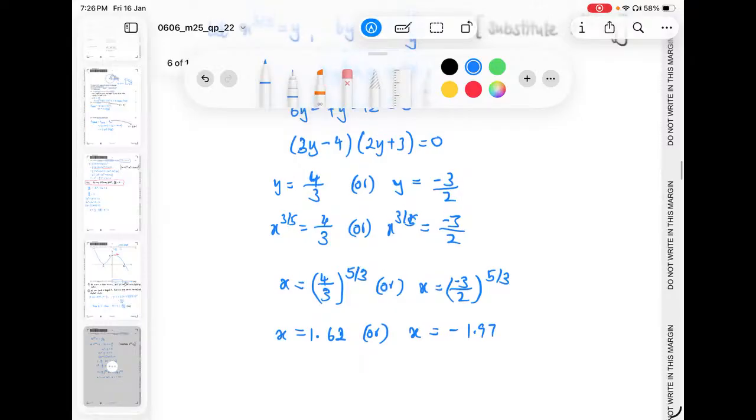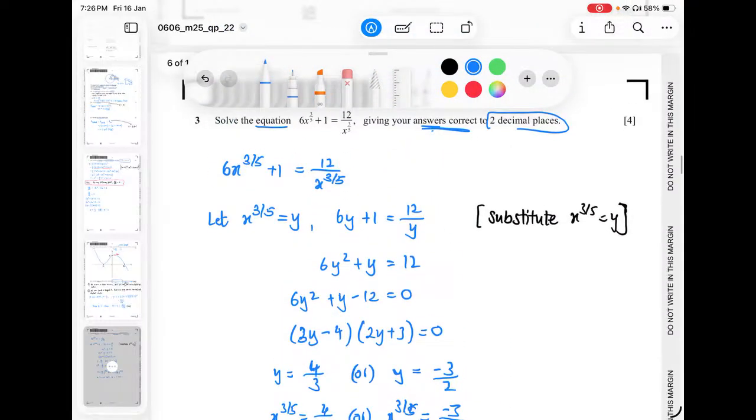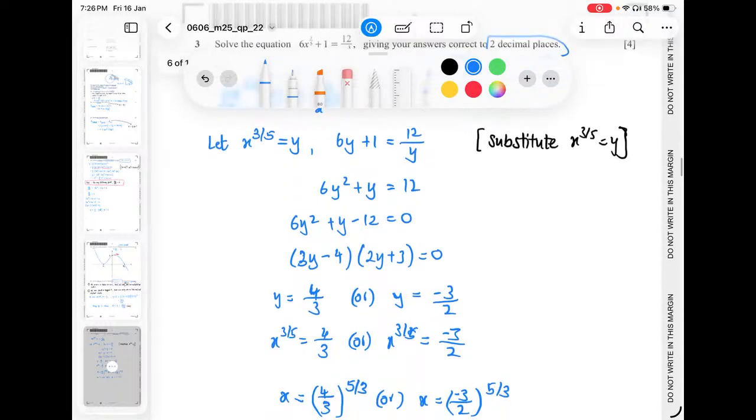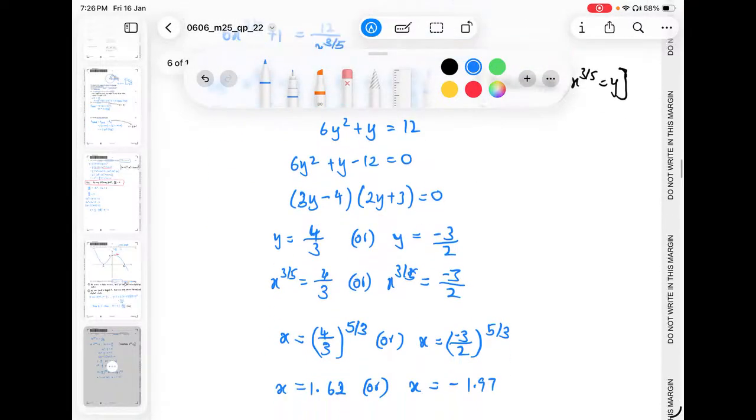So those are the two values of x, and we solved it. So I hope you understood how we substituted and why we substitute. Because we have similar terms on both sides, it's easier to make it into a quadratic form, then substitute back and then find the x values.